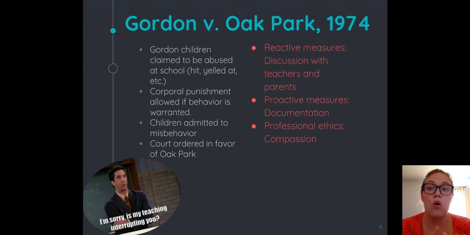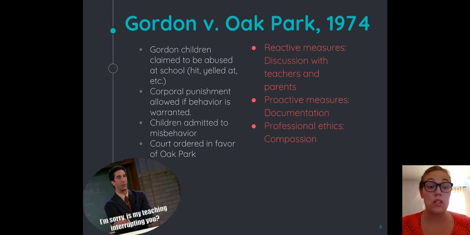If multiple students in a family are continually getting into trouble, I feel like there would probably need to be a discussion with parents, teachers as well. Are we targeting these students based on their family? Is their family going through something like that? That's what I would say as a reactive measure.